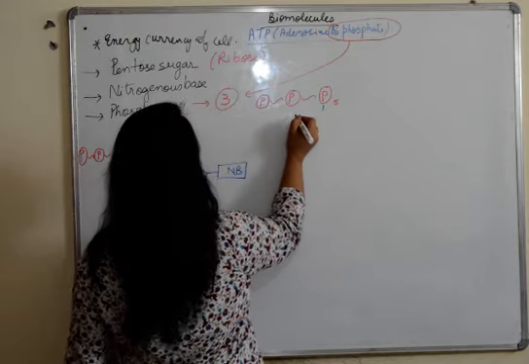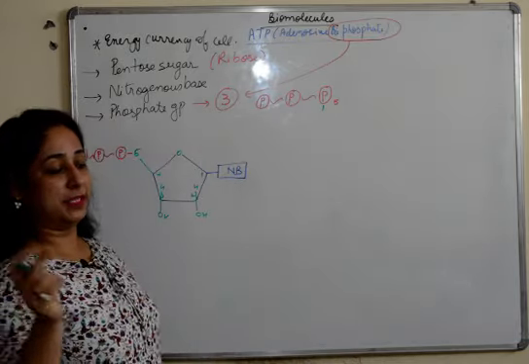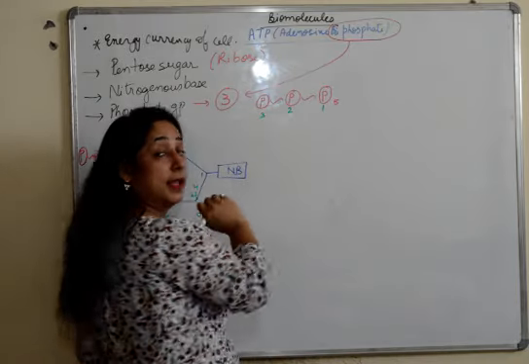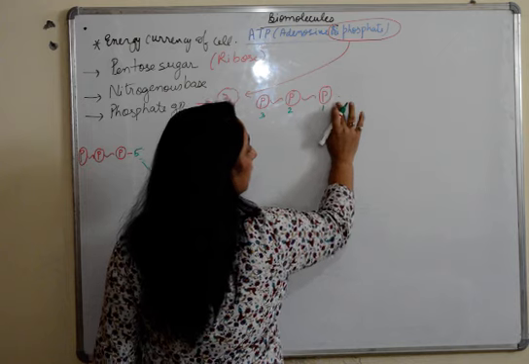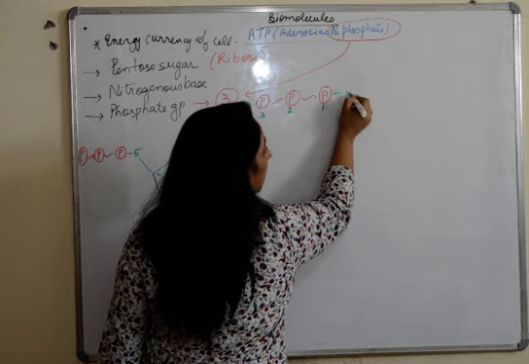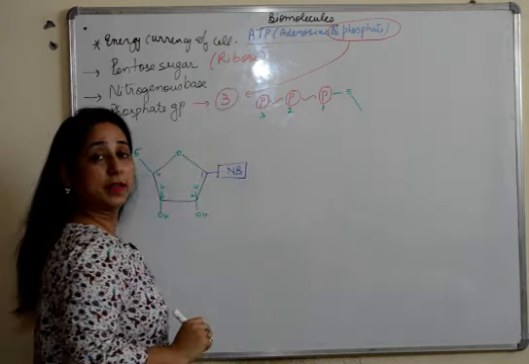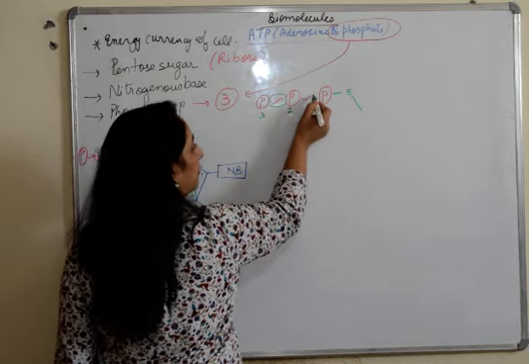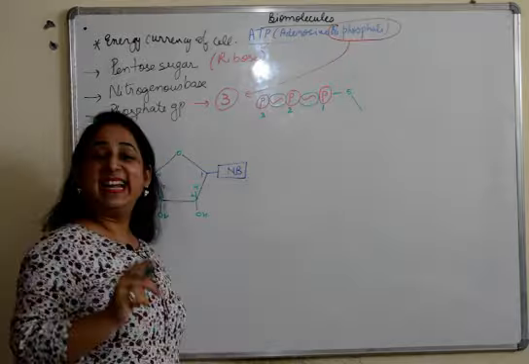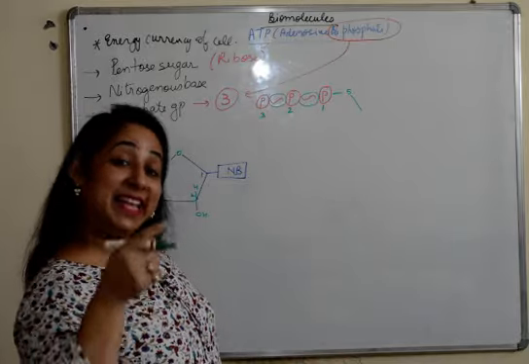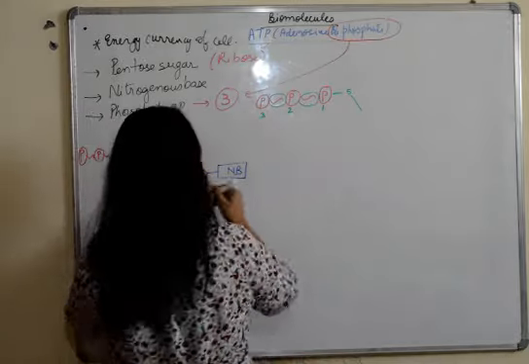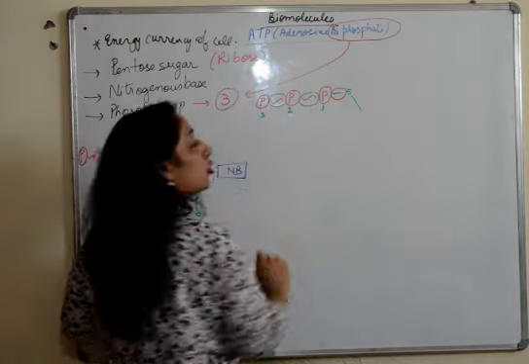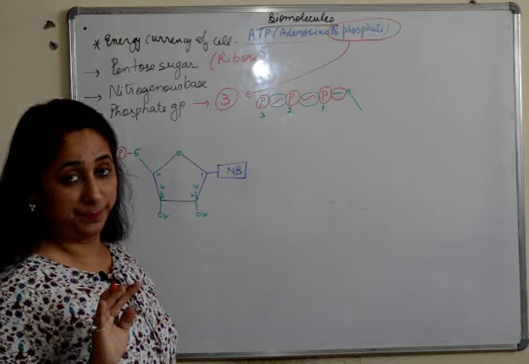First phosphate, then we have the 2nd, and then we have the 3rd, like this. If you see clearly, this is a bond which shows that these bonds are very easy to break and they will break. Whereas this bond, which is in the form of a straight line, shows that it is a strong bond, it's not going to break.